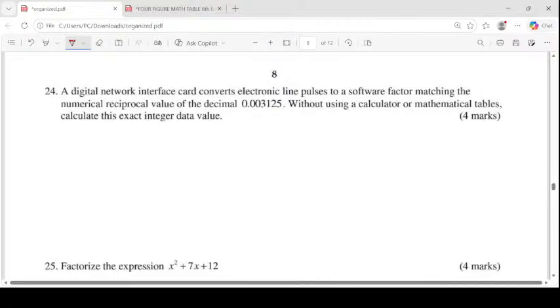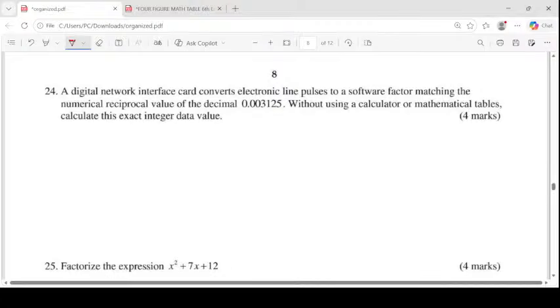Without using a calculator or a mathematical table, you are told to find the exact integer value. This is another very awesome question. Now, the question asks to find the exact integer data value that is the numerical reciprocal of 0.003125. So first of all, let us get the numerical reciprocal of this decimal number.